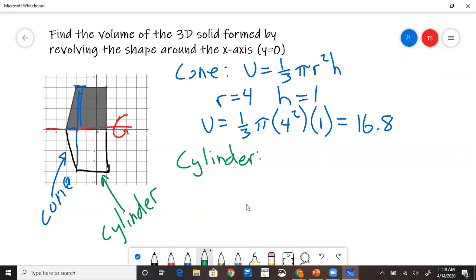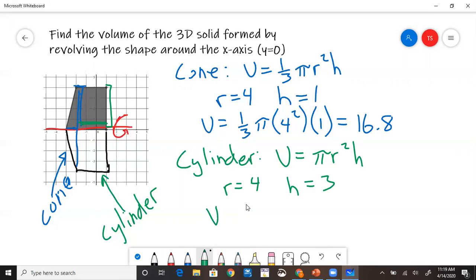A cylinder's volume we can find by multiplying the area of the circle, which is the base, by the height. The radius on this circle is still going to be 4, because it's that distance from the center to the outside. And then the height of the cylinder here is now going to go this direction, which looks like it's a distance of 3.